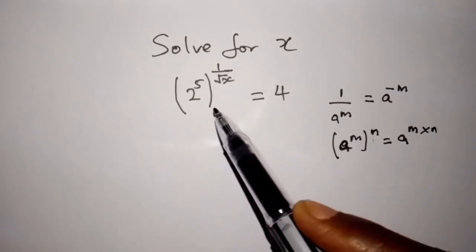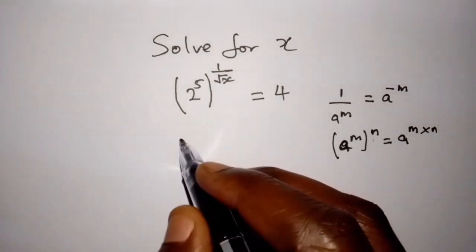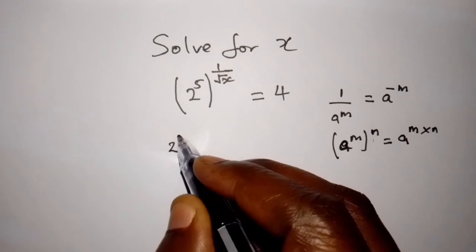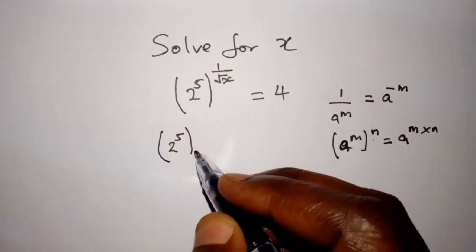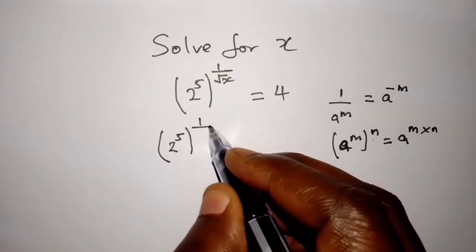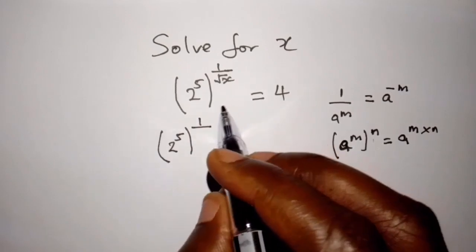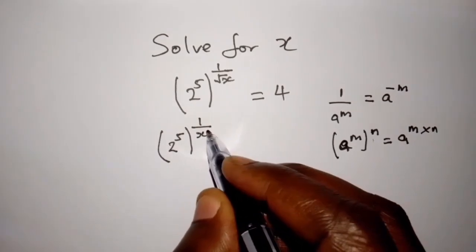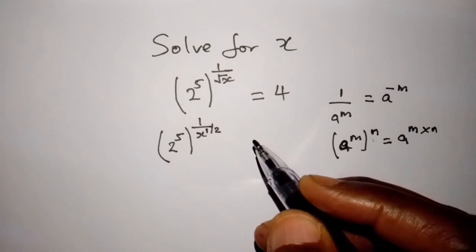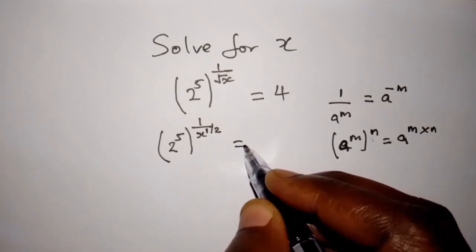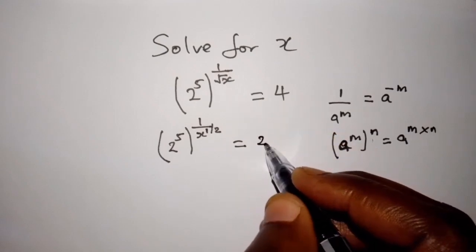So we can express these as 2 power 5 bracket 1 over square root of x. We can write it as x power 1 over 2 is equal to, we can write 4 as 2 power 2.